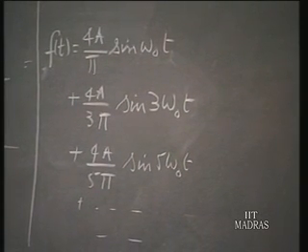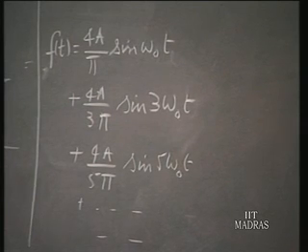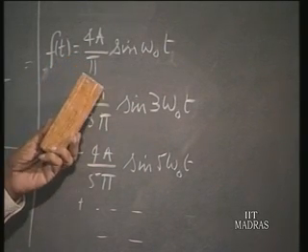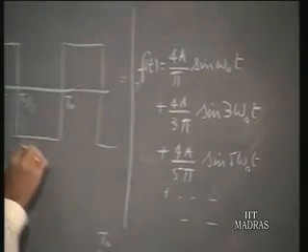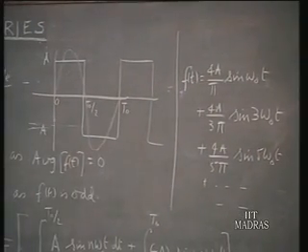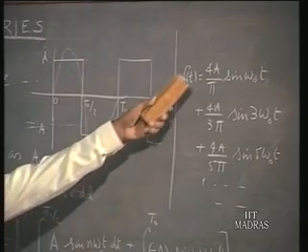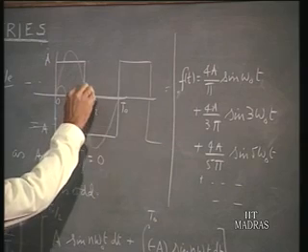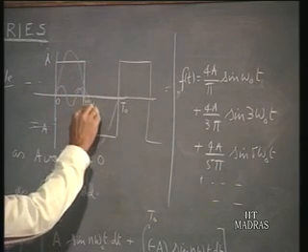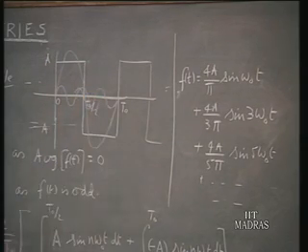This is an important result that it would pay us to keep in mind. For a square wave like this with an amplitude a, the fundamental component has an amplitude 4a by pi. So, that means the fundamental will be something like this. The third harmonic will have 1/3 of that amplitude, and the fifth harmonic will be 1/5.